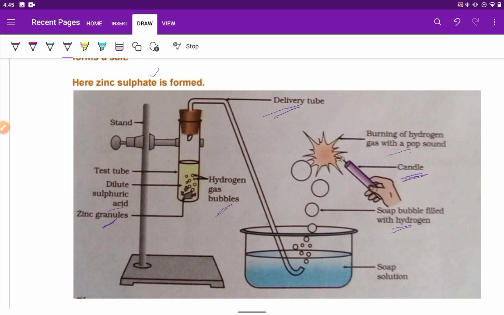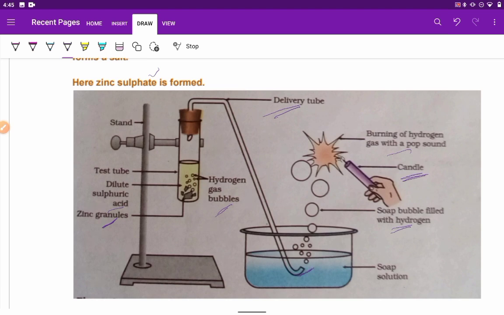So in this experiment, we see that there is a liberation of hydrogen gas, and when this gas is passed in soap solution, we will get soap bubbles, and since hydrogen gas is coming out here, inside the bubbles there will be hydrogen gas.